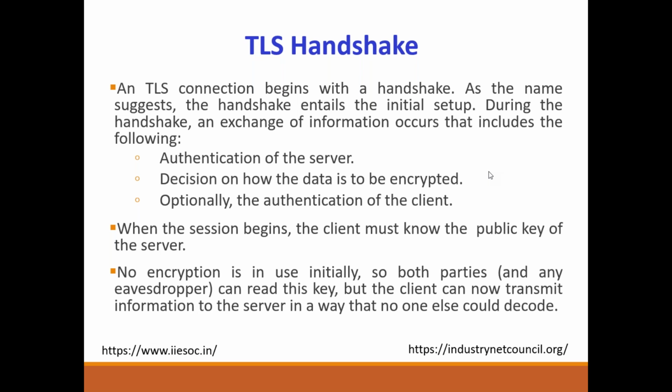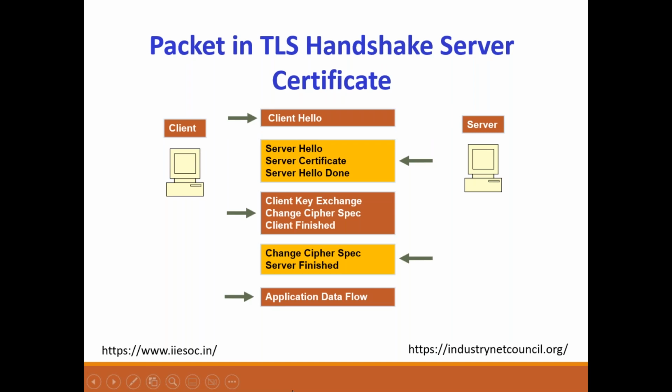And if you want, you can also authenticate the client, that is, the client who I think I'm talking to. No encryption is in use initially, so anybody can read what the handshake looks like. And this is one of the areas where TLS 1.3 has changed things, so we'll talk about that when we get to it.